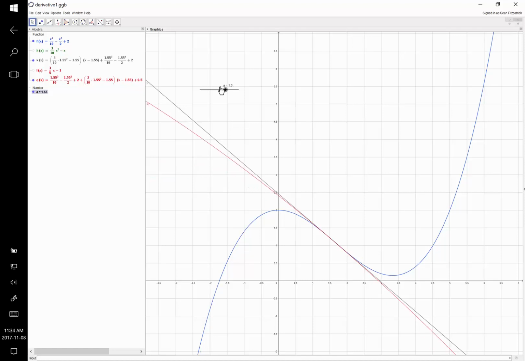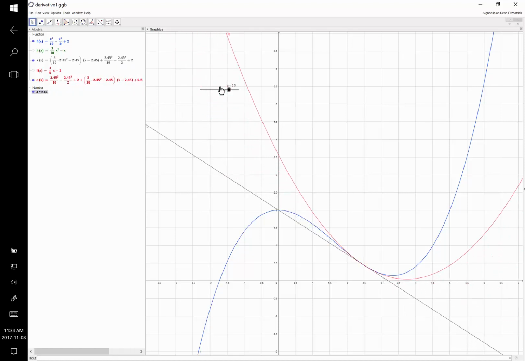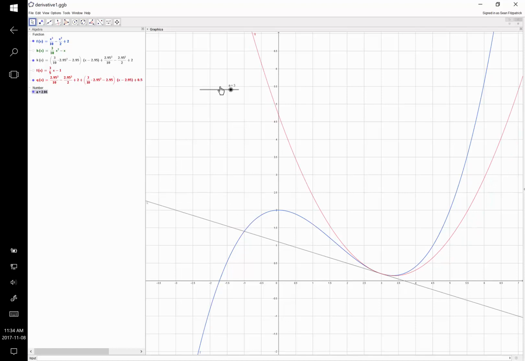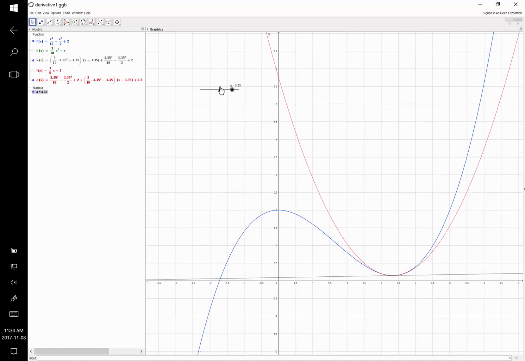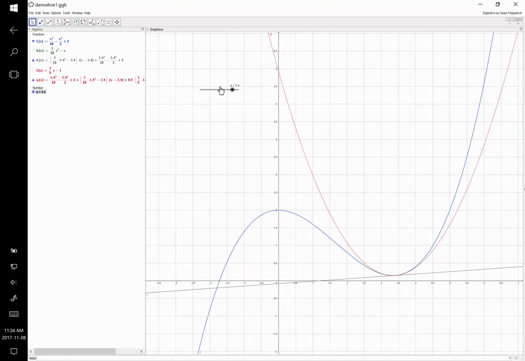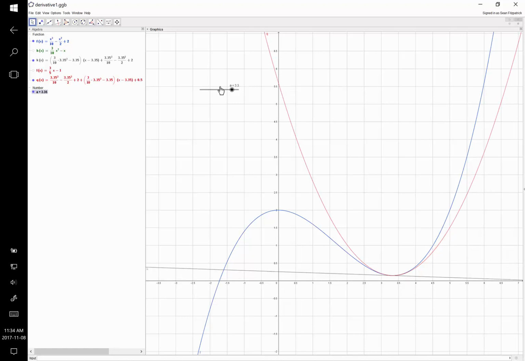You can continue along and watch both the linear and the quadratic approximations and see how they do. Again, as we get close to that minimum, the quadratic approximation does quite well. We don't quite hit that minimum. It's somewhere in between 3.3 and 3.35. But that quadratic approximation is doing a pretty good job for us.